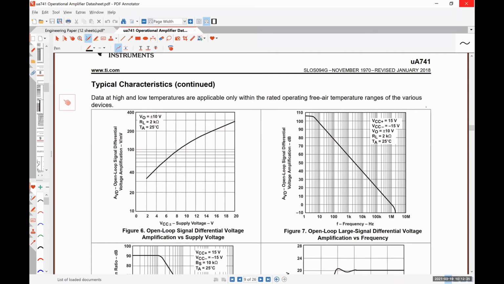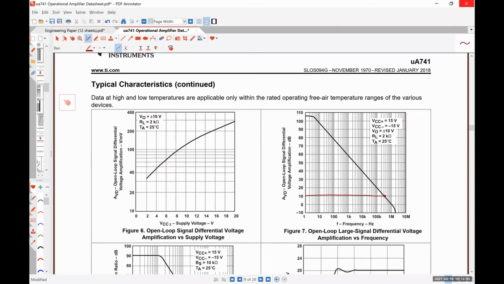If we wanted to use this particular op amp, TI's 741 op amp, and we wanted to design this circuit for a gain of, let's say, 10 decibels, we would simply come over here and we can see that roughly speaking, this is going to correspond to somewhere around 200 to 300 kilohertz.